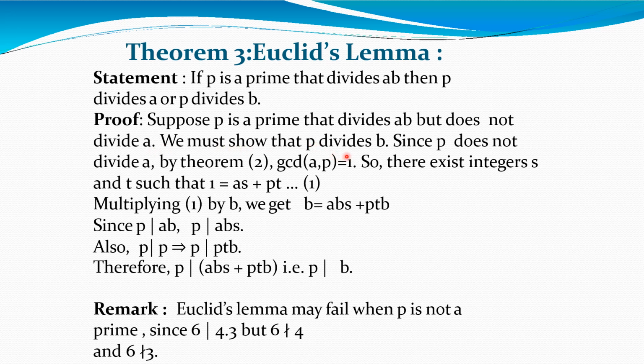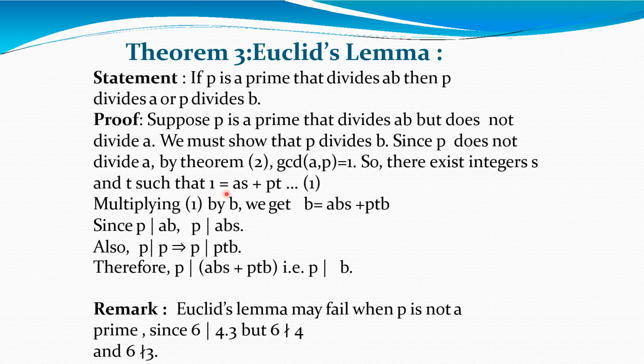As we are assuming that p does not divide a, by the previous theorem GCD of a and p is equal to 1. Now already we have seen that GCD can be expressed as a linear combination of given integers. So the GCD 1 can be written as a linear combination of a and p. For that there exist some integers s and t such that 1 is equal to as plus pt.